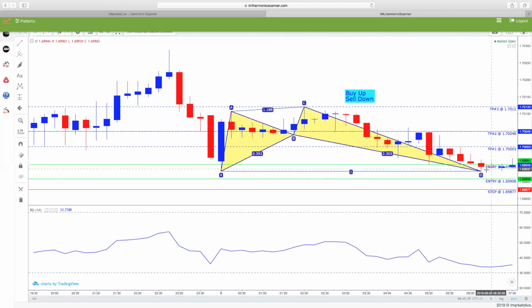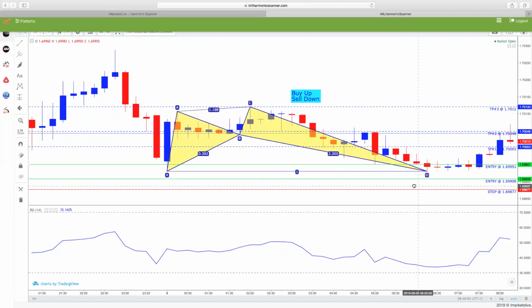This is where you want to enter into the trade. Is your take profit higher, or is it underneath? In our case, it's higher, right? So this is why we say we buy up and we sell down, okay?